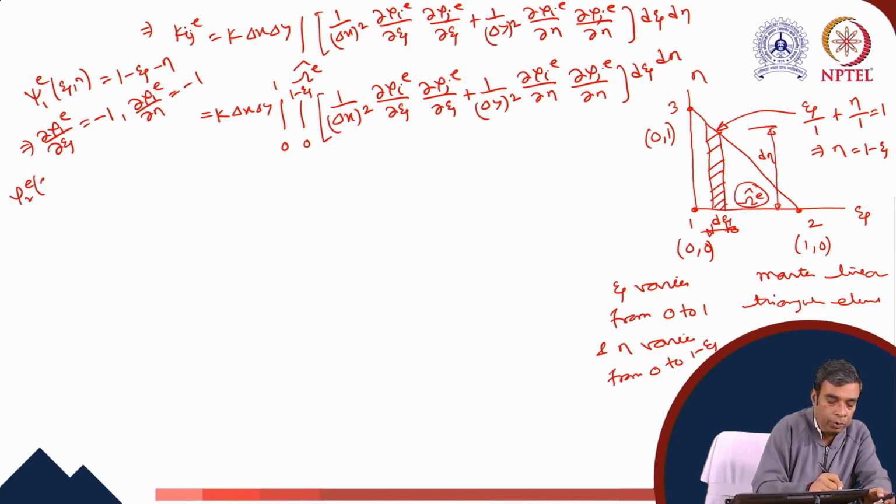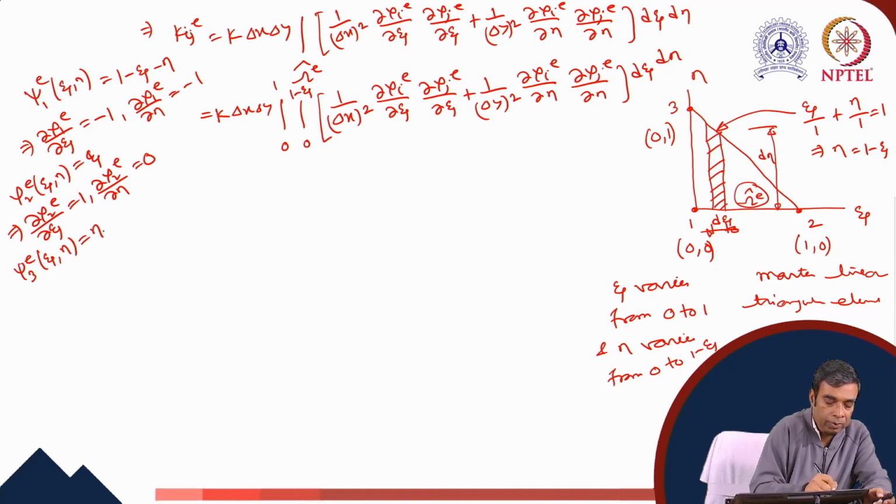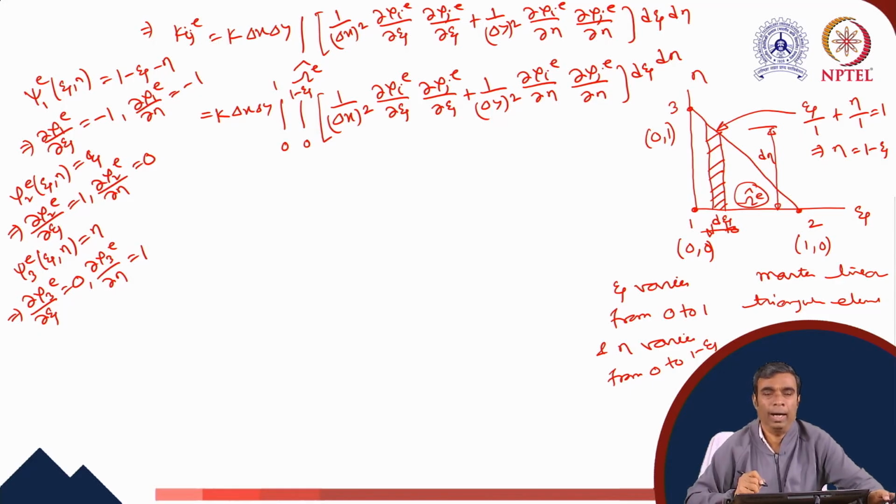Psi 2e of xi eta equals xi, giving del psi 2e del xi equals 1, del psi 2e del eta equals 0. Finally, psi 3e of xi eta equals eta, giving del psi 3e del xi equals 0 and del psi 3e del eta equals 1. So now we have all the local derivatives of shape functions, and we can evaluate the integrands.